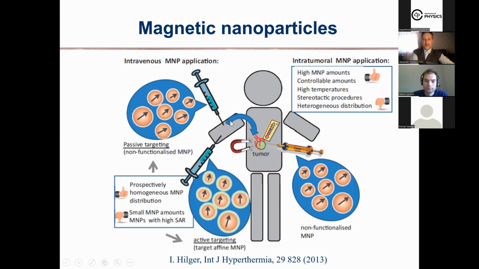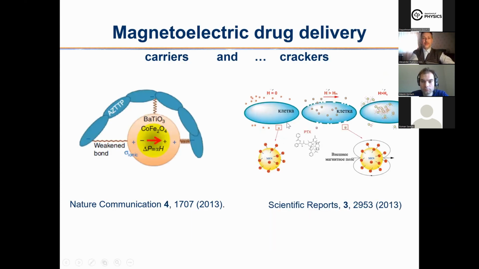They can be introduced via intravenous administration to the body and then circulate with the blood, and they can be accumulated at the damaged area, and then you can apply, for example, an alternating magnetic field to heat them, but they can also be magnetoelectric ones.